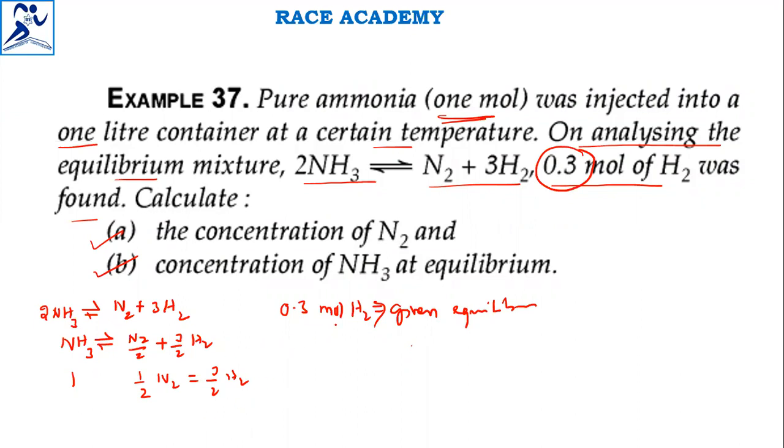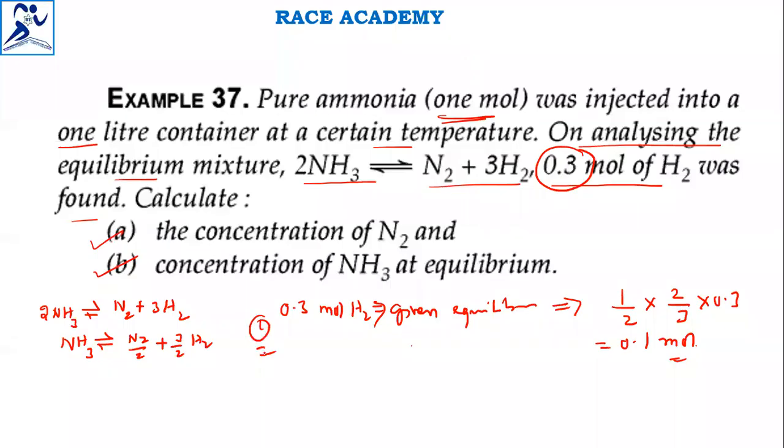That is the question. So 0.3 moles of hydrogen is coming from 1 by 2 into 2 by 3 into 0.3. So the answer is 0.1 mole. So that is 0.1 mole only.